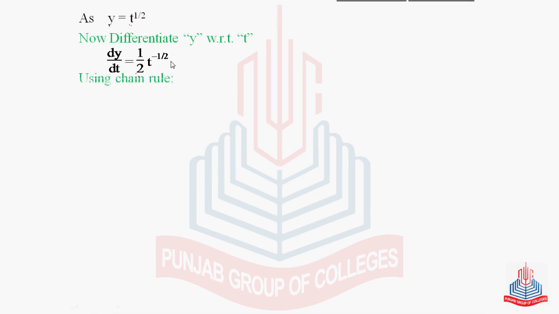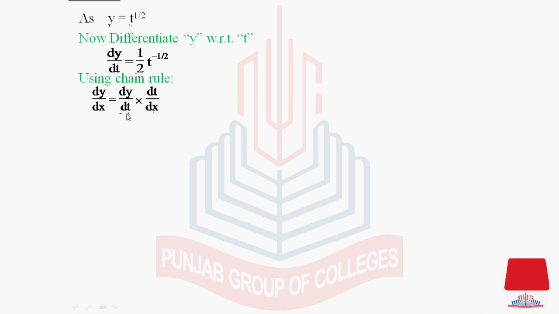So using the chain rule, as we mentioned earlier, we have two derivatives, dy by dt and dt by dx, and by joining these two derivatives we will form our required derivative, which is dy by dx. So dy by dx is dy by dt times dt by dx. We have already calculated these two derivatives, so just substitute these values.